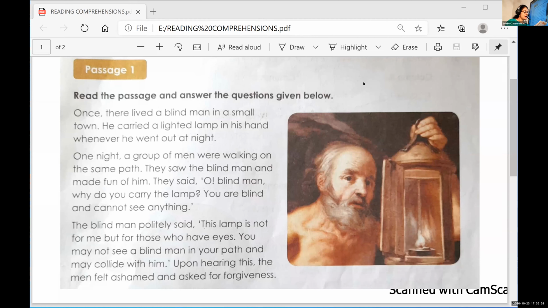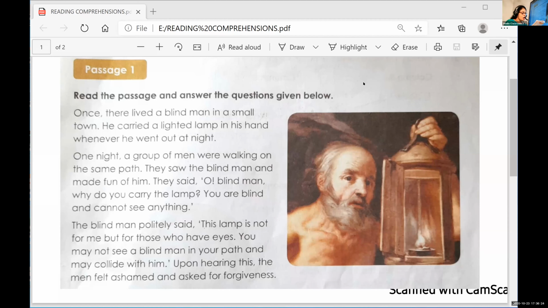They saw the blind man and made fun of him. They said, "Oh, blind man, why do you carry the lamp? You are blind and cannot see anything." The blind man politely said, "This lamp is not for me, but for those who have eyes. You may not see a blind man in your path and may collide with him."